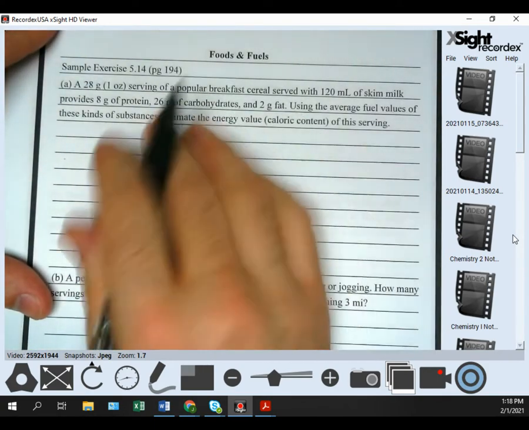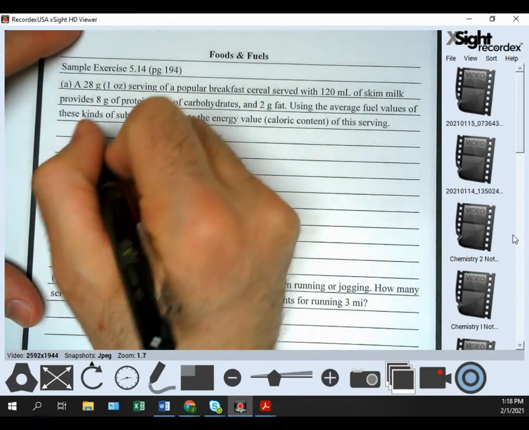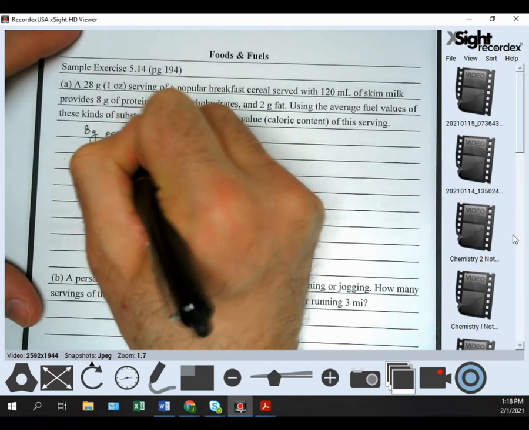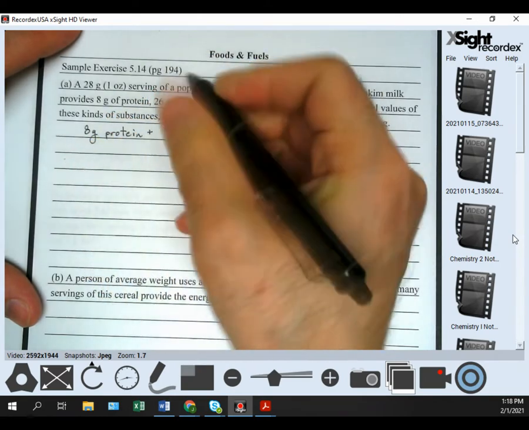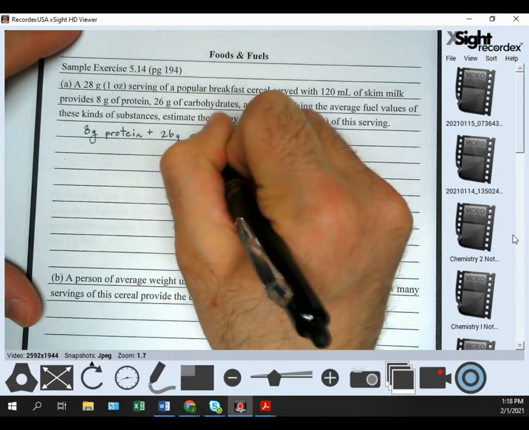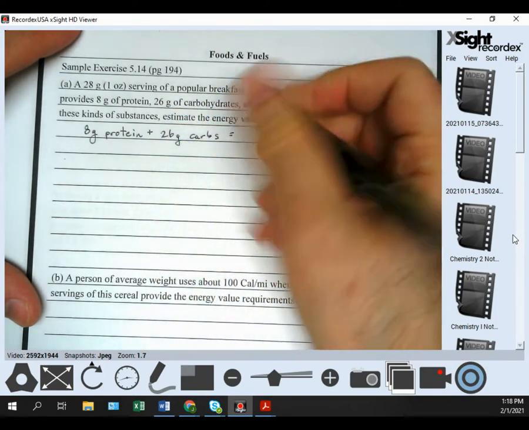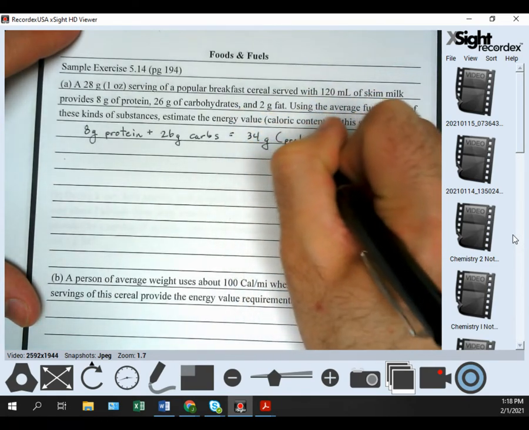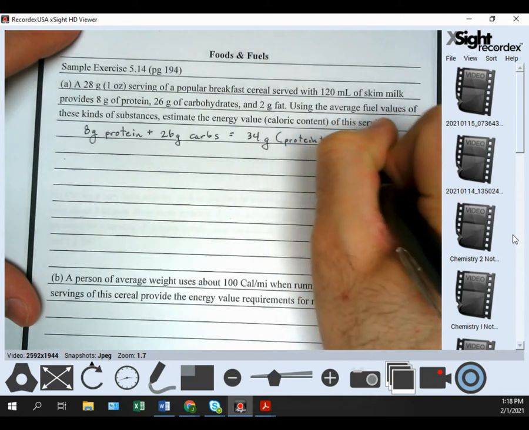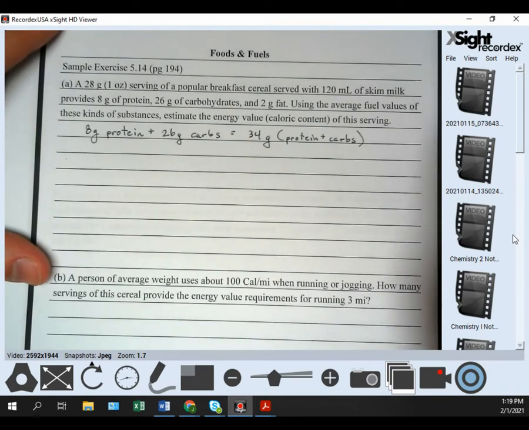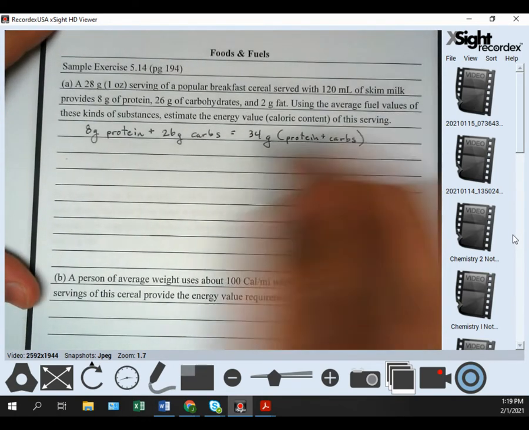So the first thing I would do here probably is combine the 8 grams of protein and the 26 grams of carbs into a total of 34 grams of a combination of protein and carbs. All right. Then all we need to do is figure out how much energy is in each of these.